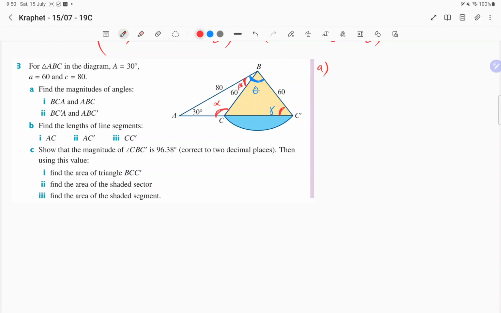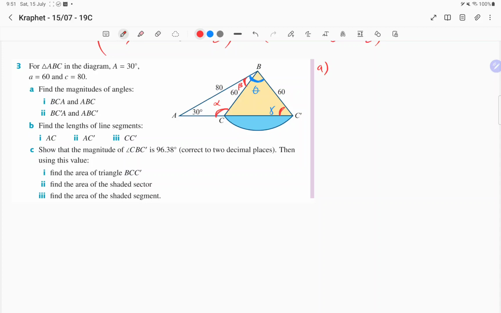So for question A, find BCA, what rule are we using here? Cosine rule? Do we have two sides and an included angle? The cosine rule is only usable when you have two sides and an included angle, or all three sides.